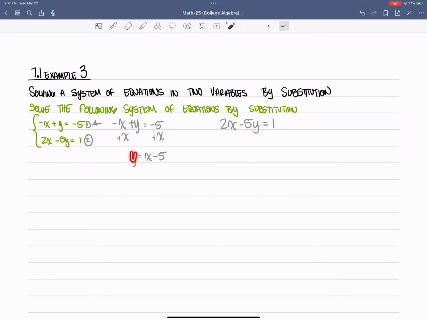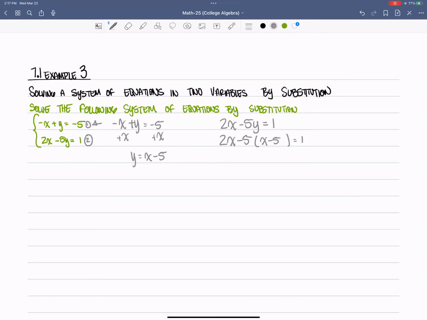Since this y over here is equal to all of this, we're just going to grab this and plug it into y right here. So again, we have 2x minus 5, and y is something that we're going to substitute in here, and this is equal to 1. Instead of writing y, we're going to write this, x minus 5.